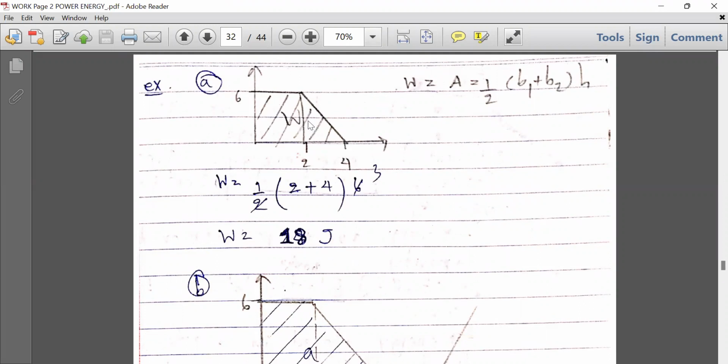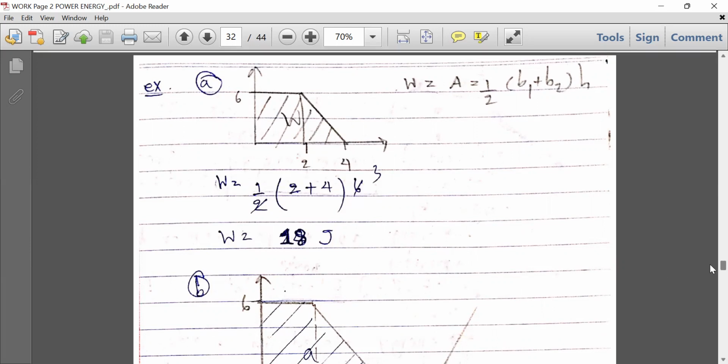Here you have a trapezoid. The area under the graph is a trapezoid, so you just get 1/2 base 1 plus base 2 times height. Base 1 is 2 here, and base 2 is 4. So 1/2 times 2 plus 4 times 6 newtons. The answer is 18 joules.